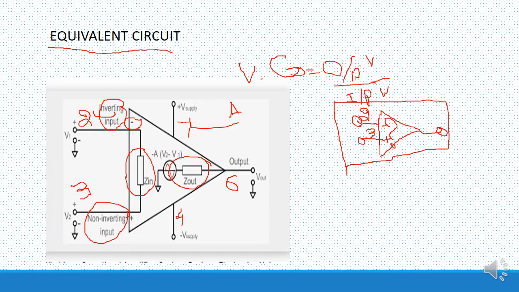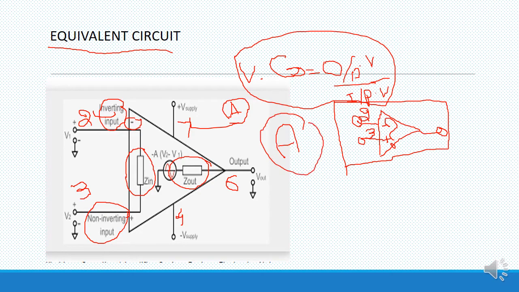If you are studying the power gain, then you have to write the output power divided by the input power. Here A is called the open loop gain. Why is it called open loop gain?